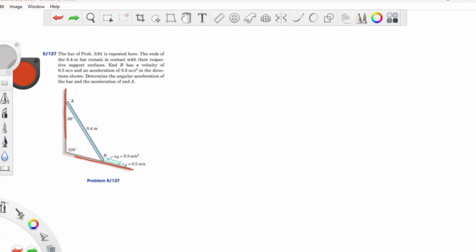For this problem, we can use the concept of the instantaneous center of zero velocity, where if we have a body that is moving in any type of motion, it doesn't necessarily need to be in pure rotation.